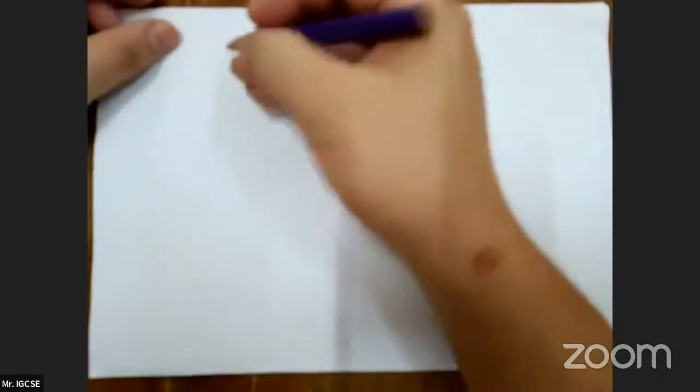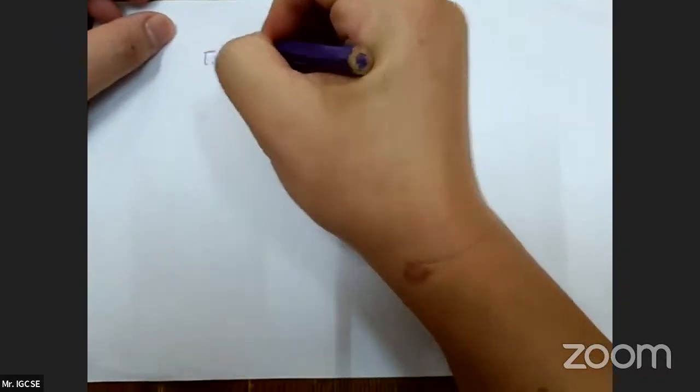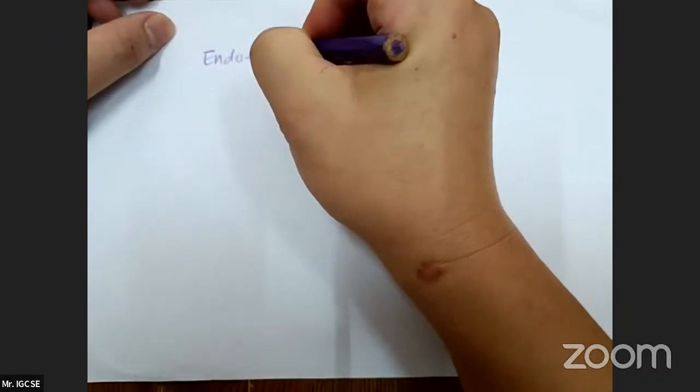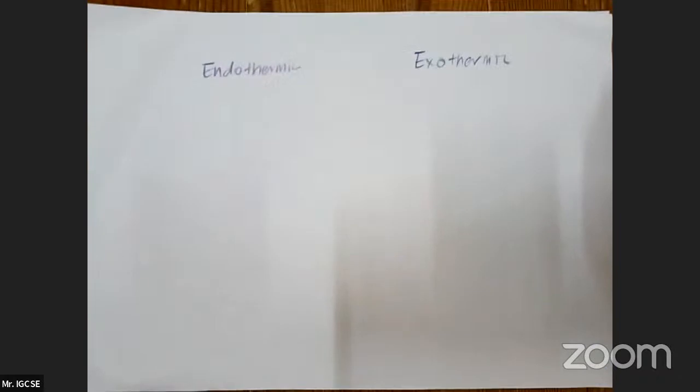Today we are talking about exothermic and endothermic reactions. We have a window here, and on the other side an exhaust.